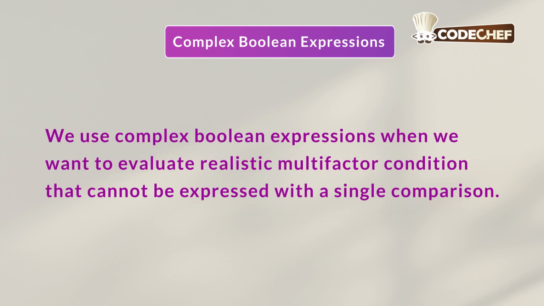We use complex Boolean expressions when we want to evaluate realistic multi-factor conditions that cannot be expressed with a single comparison. Now let us go to the CodeChef platform and see how to do it practically.